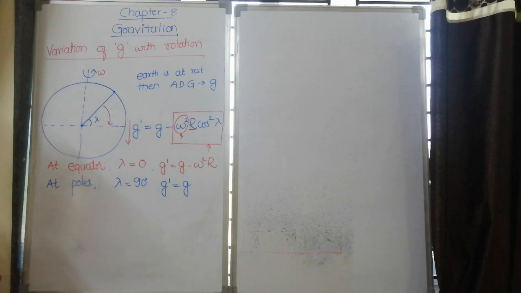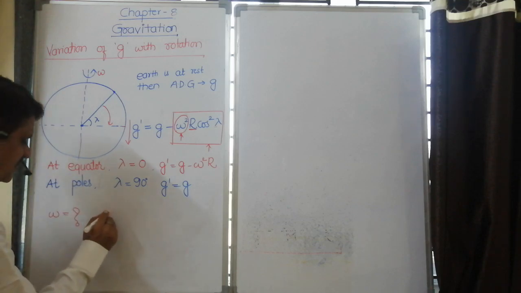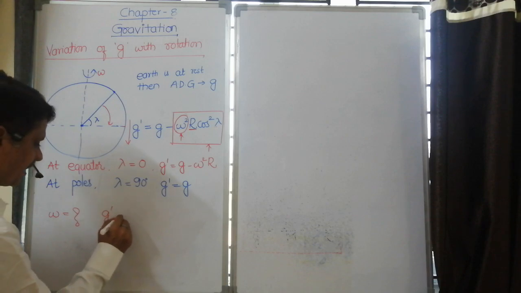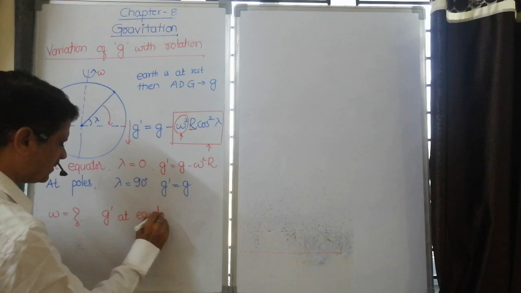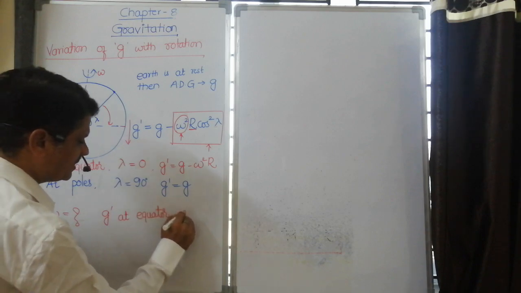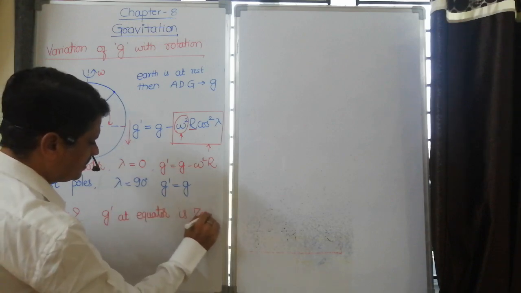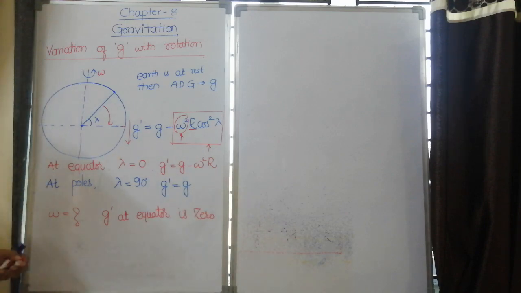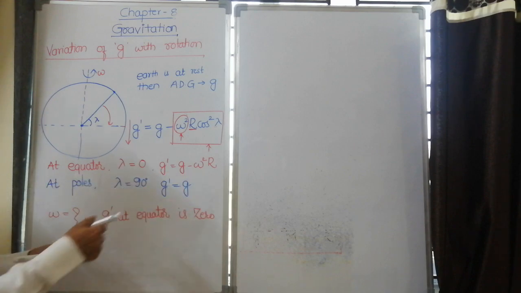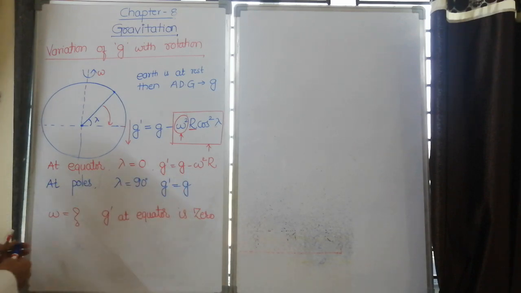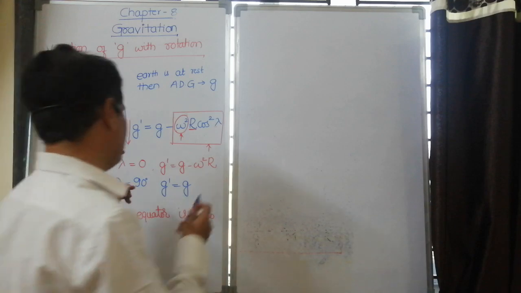Now the question arises: what is the omega for which g dash at equator is 0? For the equator I should use this formula, and we want g dash to be 0.